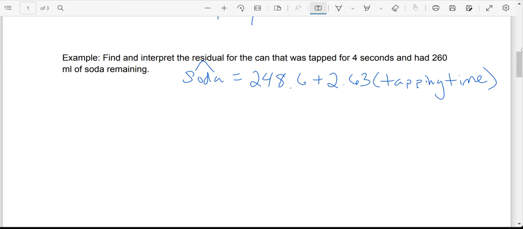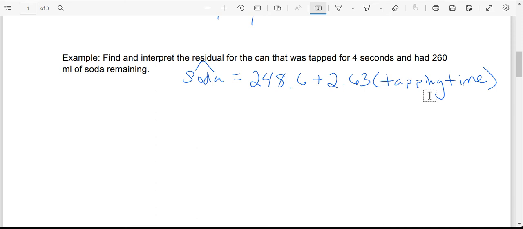Let's do an example. Let's find and interpret the residual for the can that was tapped for 4 seconds and had 260 milliliters of soda remaining. You do need a little bit of information, and that's this equation right here, because this was from a problem that was in my textbook, not yours, unfortunately.